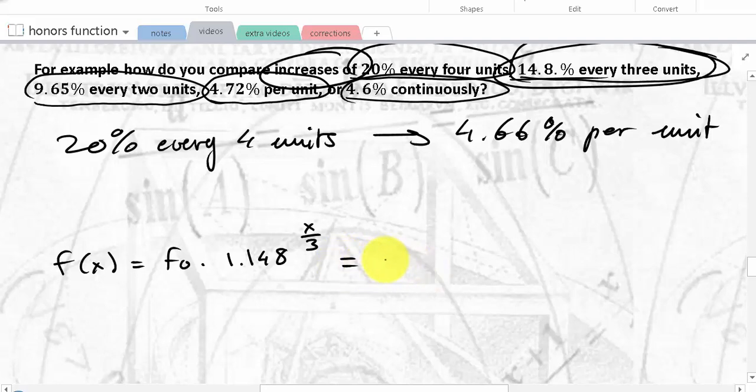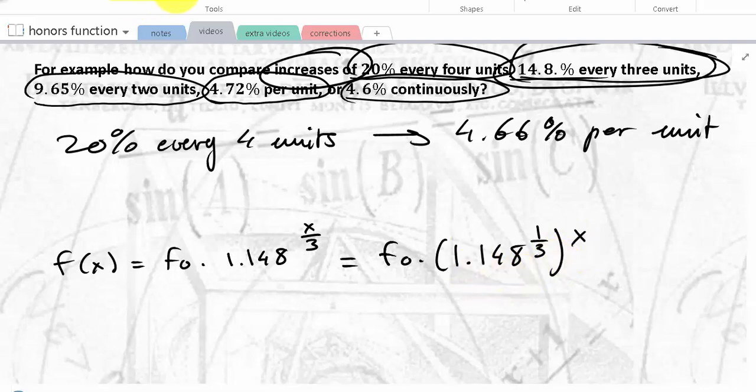And this is the same as f naught times 1.148 to the 1/3 to the x right here. And so in this case, a is 1.148 to the 1/3. And so if you now want r, just subtract 1 from that.